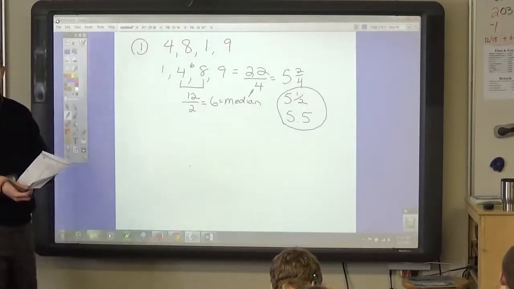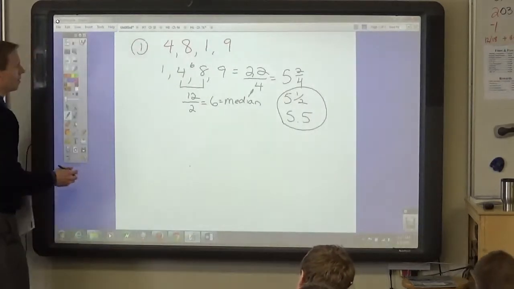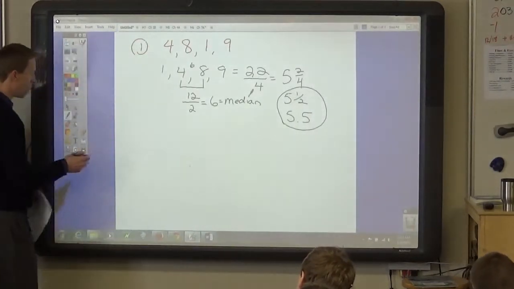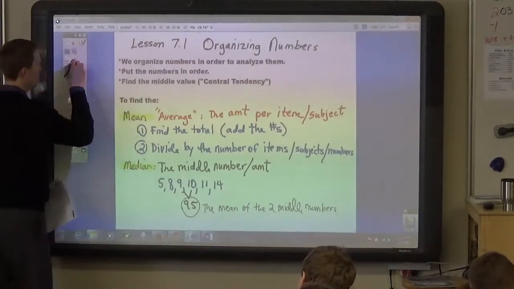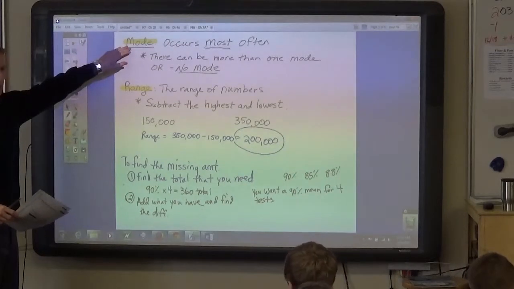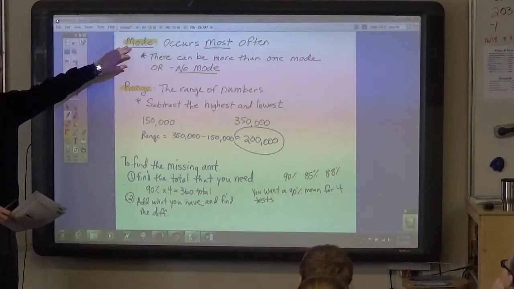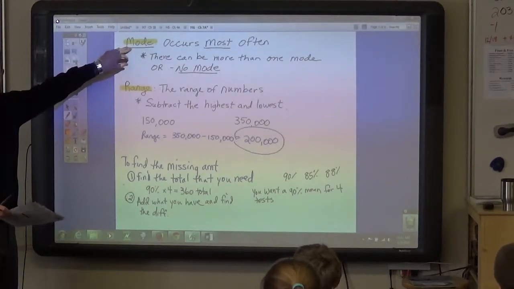You got that? Makes sense, right? Okay. So there's the median. How about the mode? Let's talk about the mode. The mode is the number that occurs the most often. You can think of mode and most. They almost rhyme.